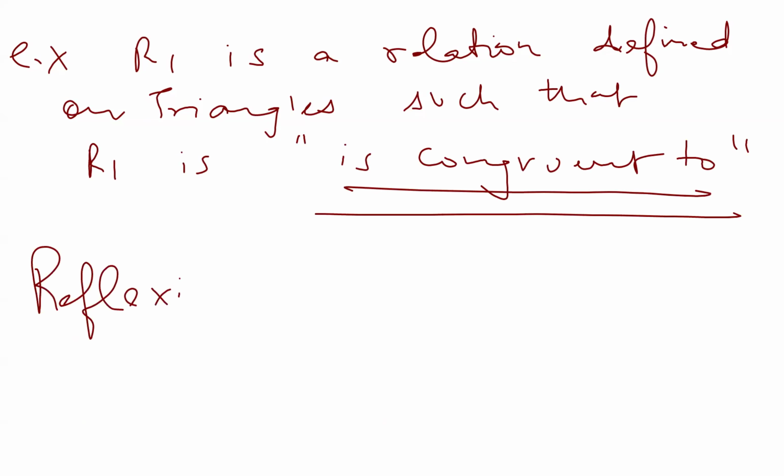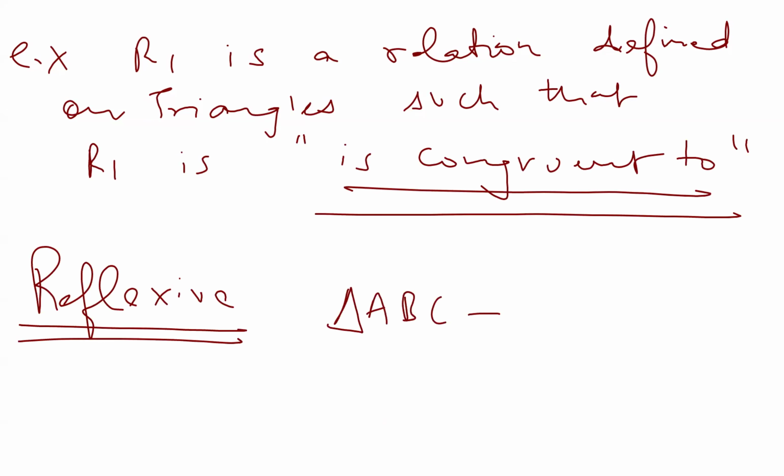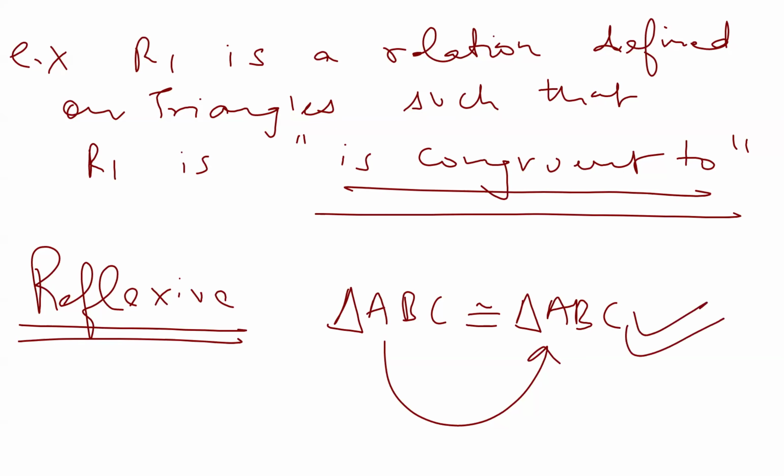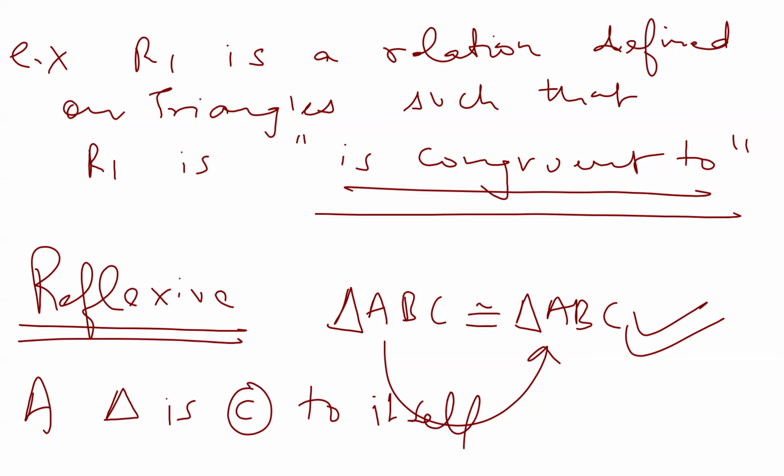Reflexive. Suppose there is triangle ABC. Is it congruent to itself? Is a triangle congruent to itself? The answer is yes. So what are you going to write? A triangle is congruent to itself. Therefore reflexive.